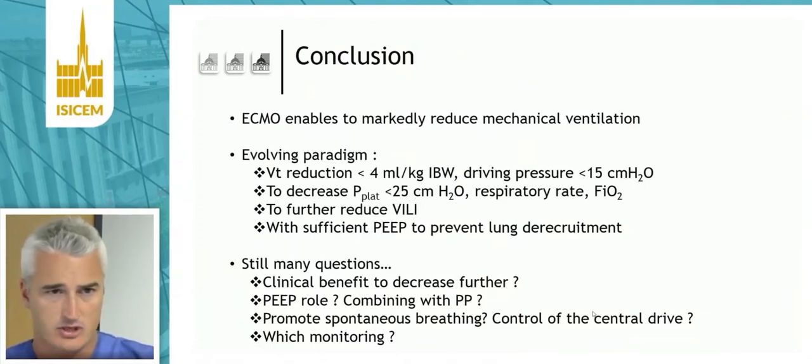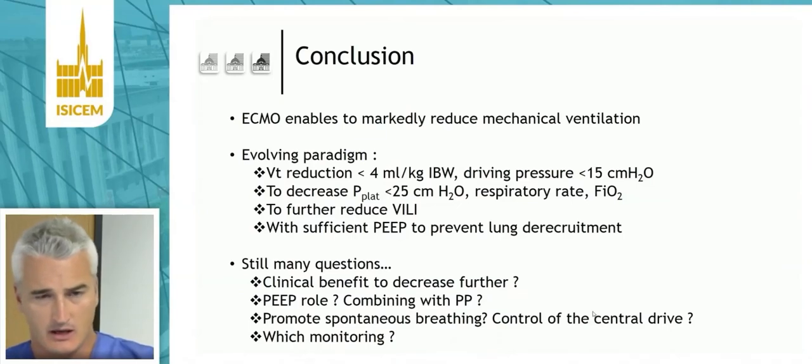So clearly, in conclusion, ECMO enables us to markedly reduce mechanical ventilation. Actually, mechanical ventilation should target a tidal volume lower than 4 ml per kilogram, a driving pressure lower than 15, a plateau pressure lower than 25 centimeters of water, and a decreased respiratory rate, to further reduce ventilator-induced lung injury, with sufficient PEEP to prevent lung derecruitment.